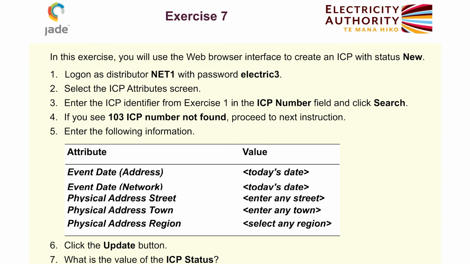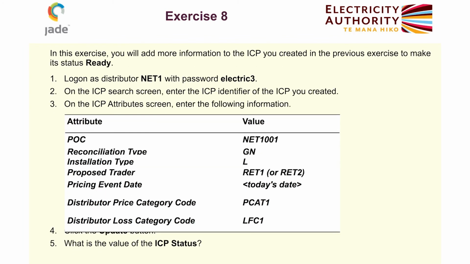It's to create a new ICP and put in minimal address information. Hopefully it'll be in just a new state. Then exercise 8 is to add the extra information so that the ICP should then move into a ready state.